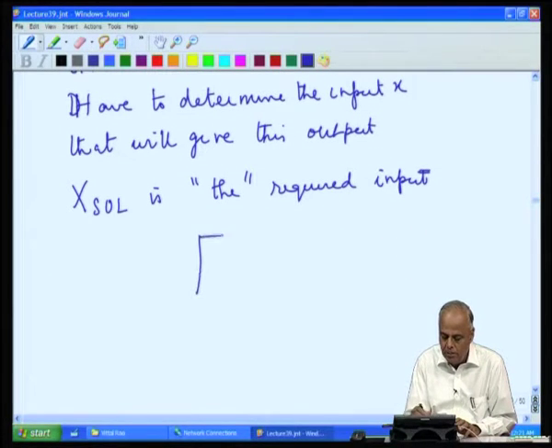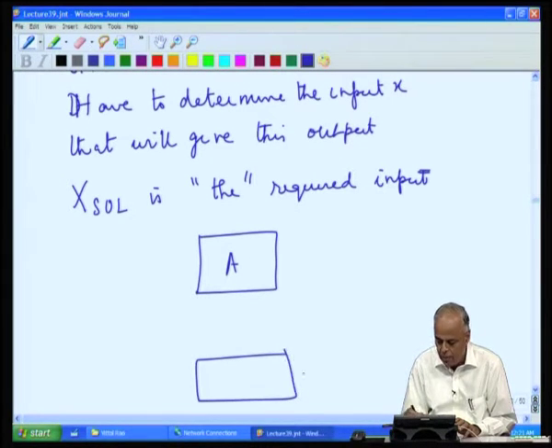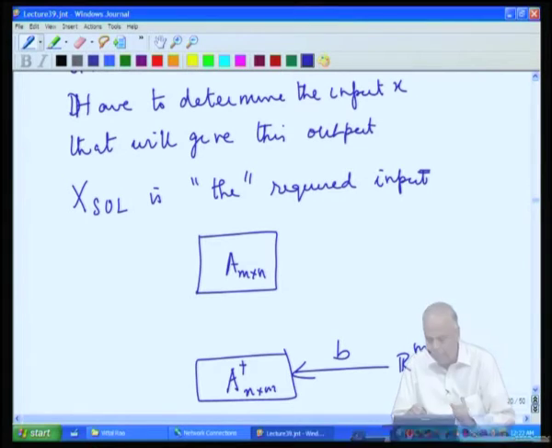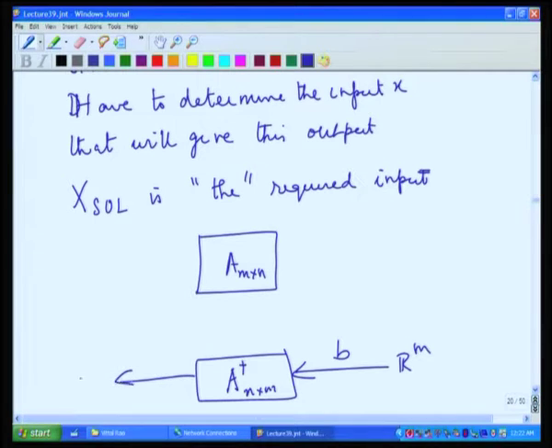Again you have this system A, and then from B I have a new system A dagger, which is an n by m matrix. So, when B is given in Rm, I input it into this new system, I get A dagger B, which is the x sol, and now I take this as the input. Will I get B, the required output?